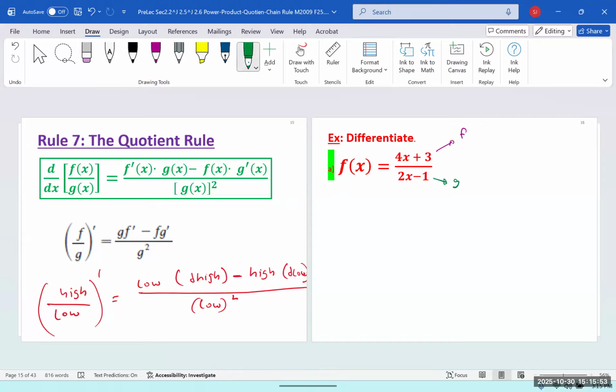When we have a quotient, they're not going to give us two separate functions, we do have two different functions. The numerator is one function, the denominator is another function. They're not the same, they're two different functions. So you take the f function, f is the top one, 4x plus 3, and your g is the bottom one, 2x minus 1.